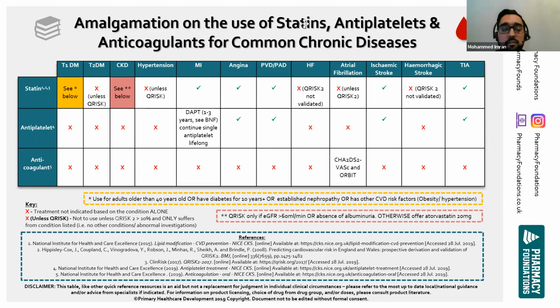PCI is basically you're trying to clear the blockage. CABG is a surgical intervention where you're going in and grafting vessels to literally bypass that section where the blockage is, in essence. So quite straightforward, really, to understand that part of the concept anyway.